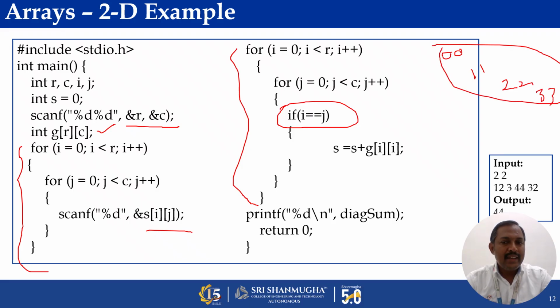To add the diagonal values we are checking both i and j. If both values are the same, we add that value into the variable s. After completing this we get the diagonal sum. Finally the diagonal sum is printed.